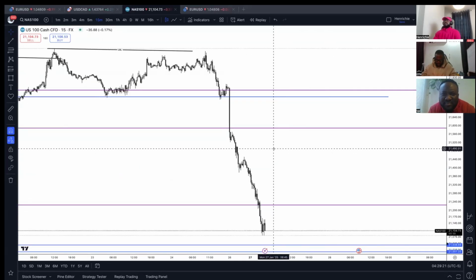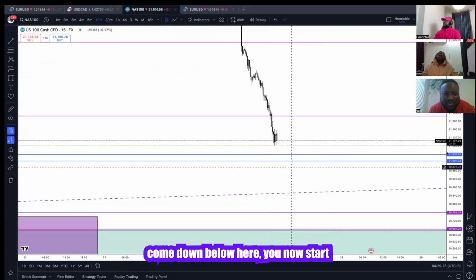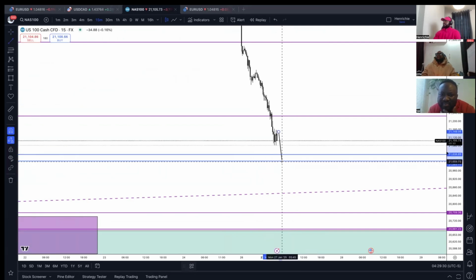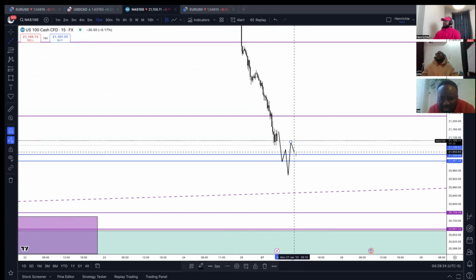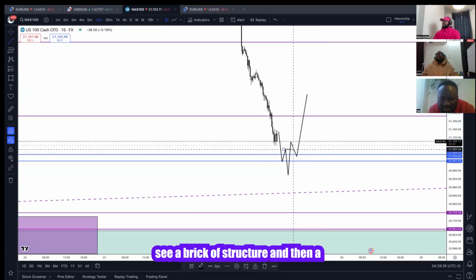All you do now is, once you see price come down below here, you start looking for something like this. This is all you want to see: a break of structure and then a retest.